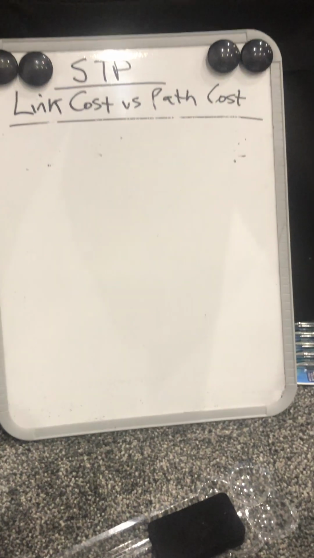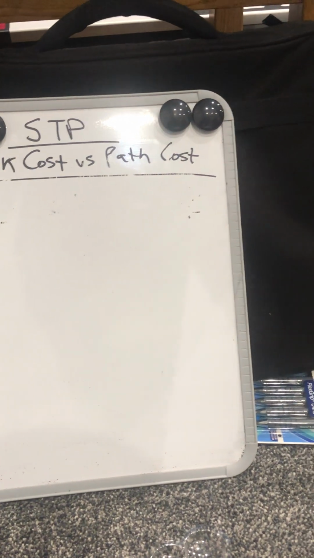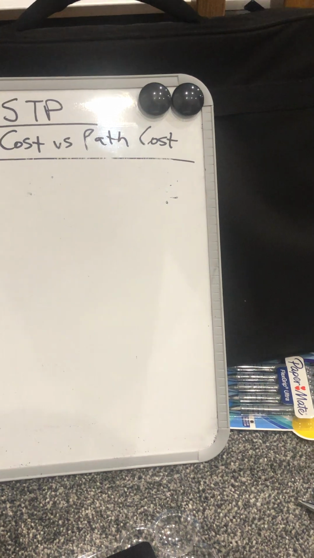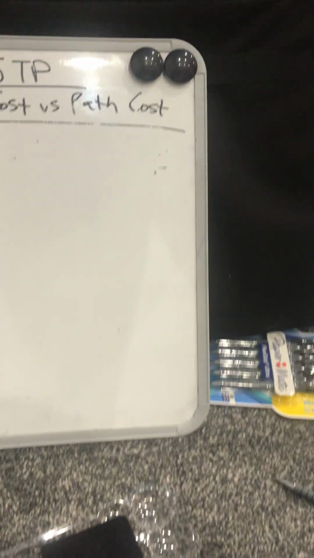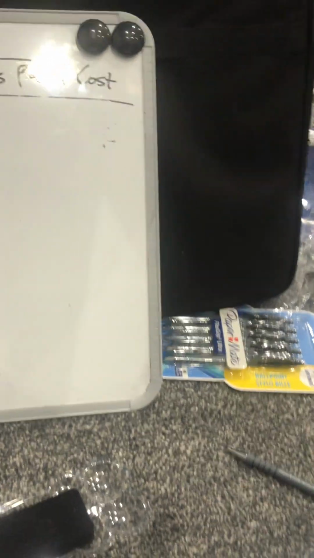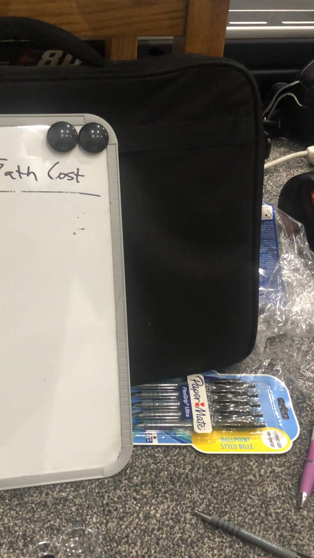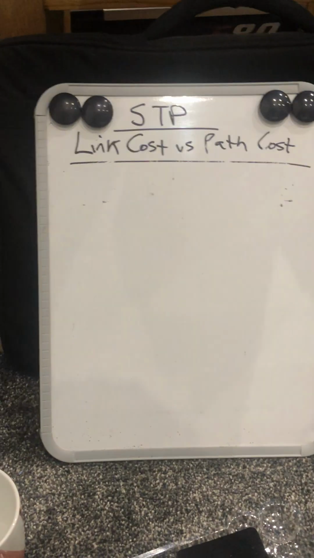You might have 3 paths to the root bridge, but only one can win. So how do you define the best path? Well, it's the link cost or the port cost. The link cost and the port cost are used to find out the path cost, and the path cost is what defines the best path to the root bridge.